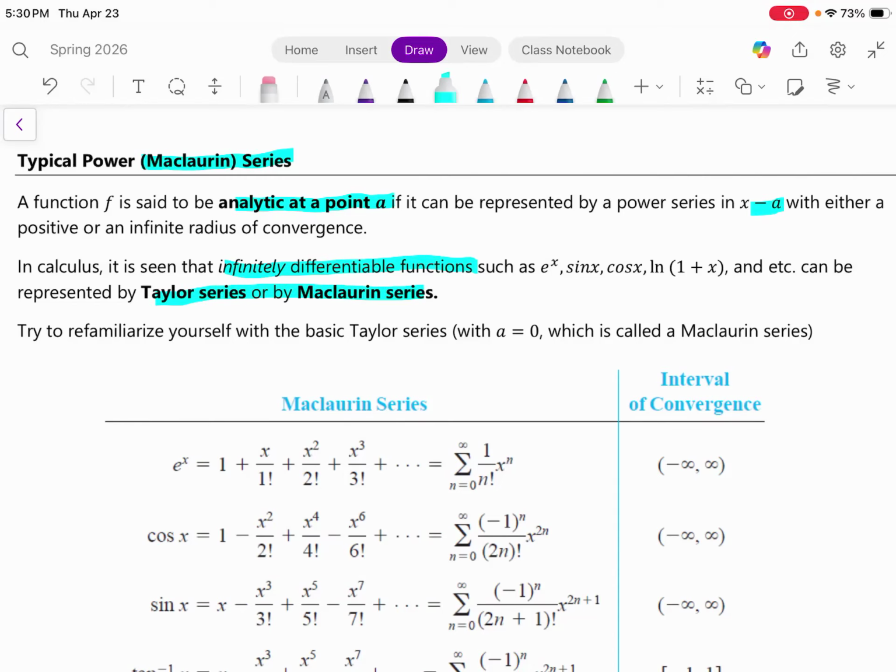So here are some well-known Taylor series, but when we have a center of a equals 0, that means we have a Maclaurin series.